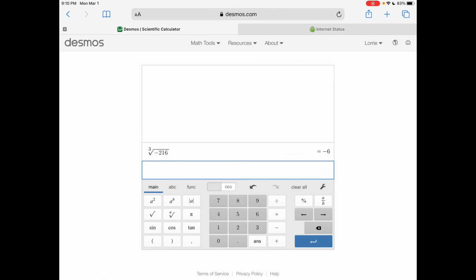Okay, here we are in Desmos, and we want to do the nth root again. This time our n value is 4, and the number under the radical is 81. And notice that it gives us an answer of 3. Desmos is only going to report the positive version.